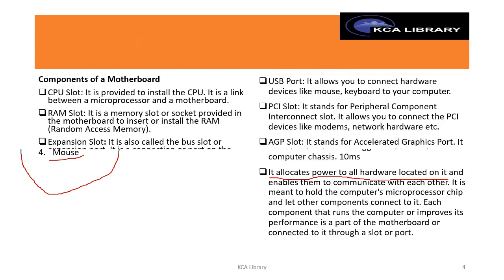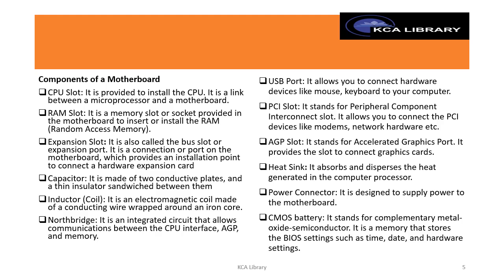Let us look at motherboard components. What are these components we are talking about? First of all, we have the CPU slot. The CPU slot is provided to install the CPU. Once you open, you can see the CPU slot.